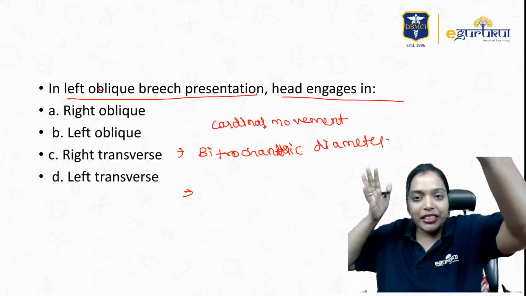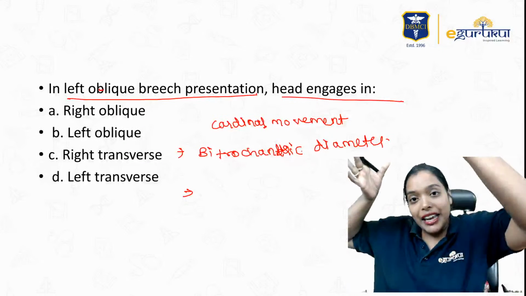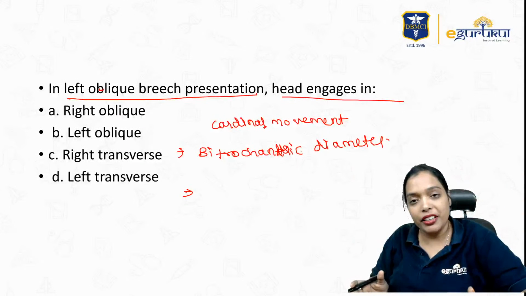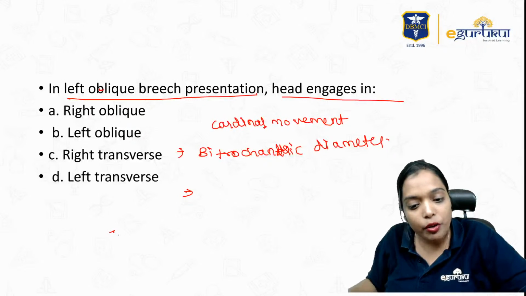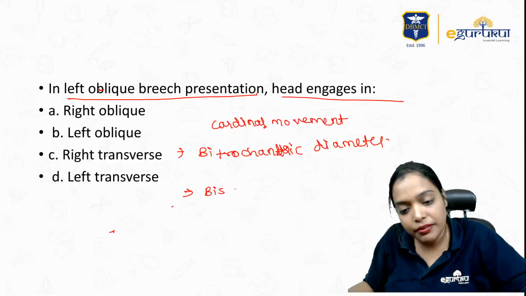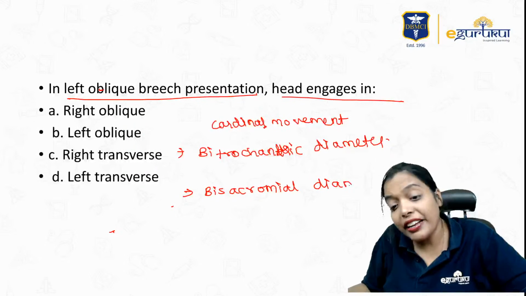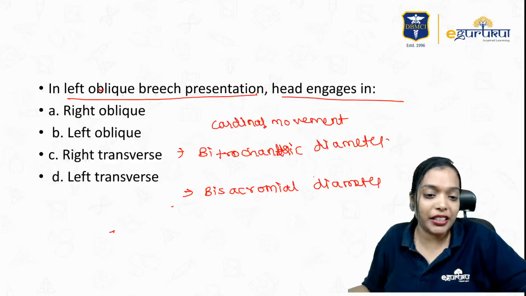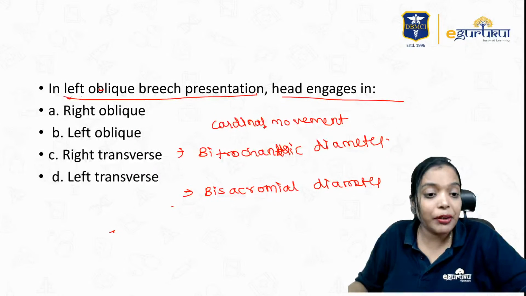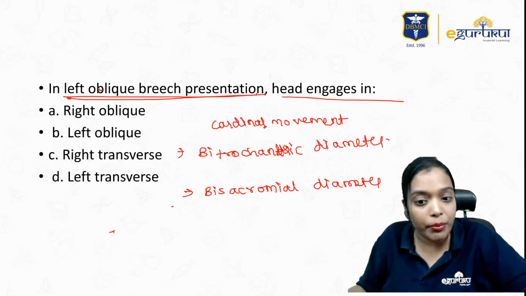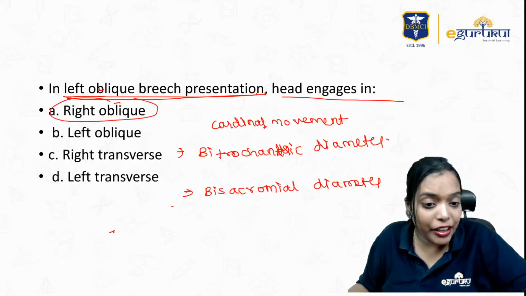If it is left oblique breech, it is engaging through left oblique. In the same way, where the breech buttocks are engaging, the bisacromial diameter will also engage. But the head will engage in the opposite direction, guys. If the breech is engaging in left oblique, the head will engage in the right oblique.